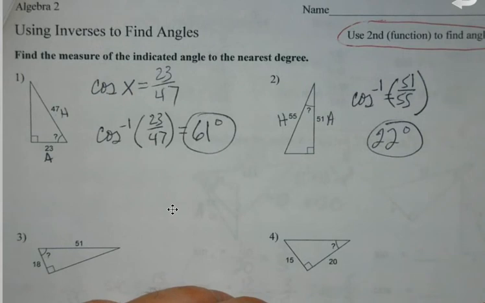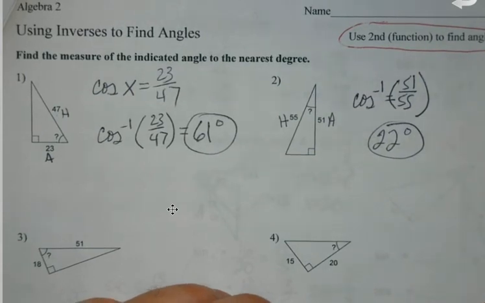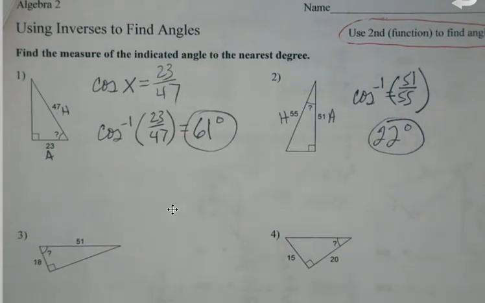If you're getting something different than the angle measures we're getting right now, double check. Number 1, make sure you're not in radian mode. And number 2, make sure you're hitting second before you're hitting your trig function.